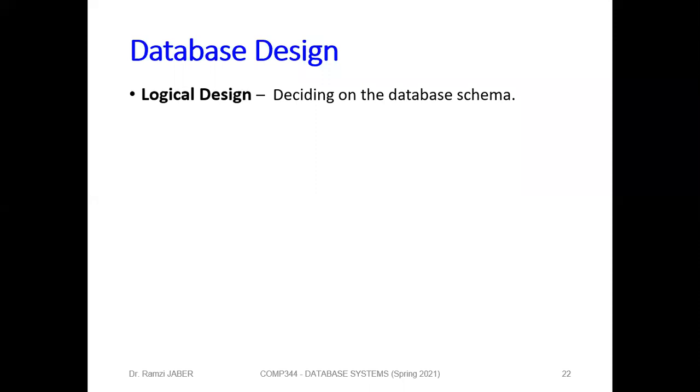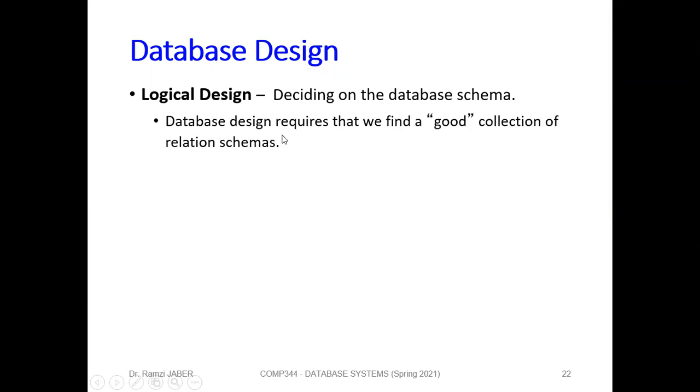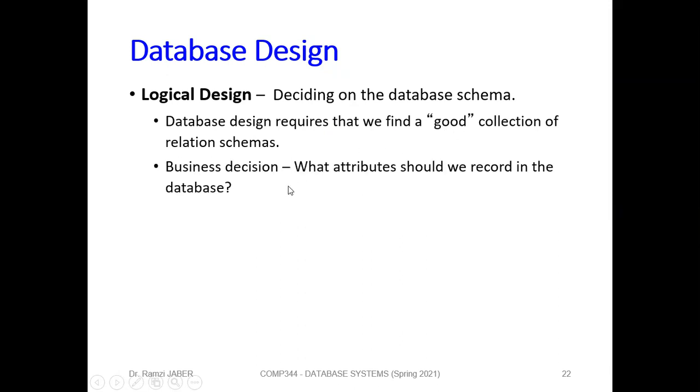This chapter 1 is the introduction to the whole book. Later we'll learn each part. This is like a summary of the whole book. In database design, we have logical design, deciding on the database schema. Database design requires that we find a good collection of relation schemas.